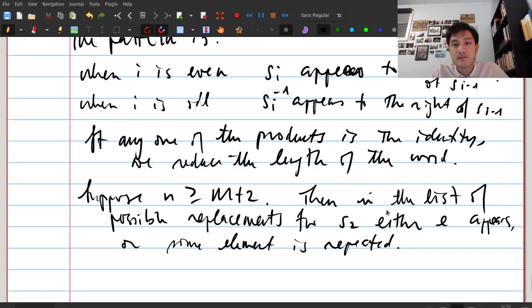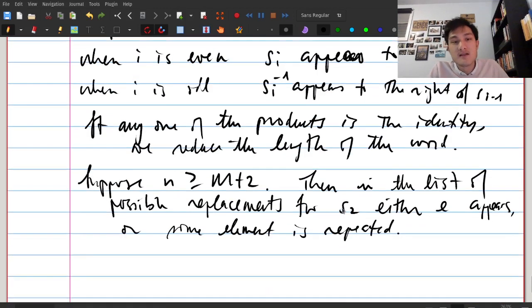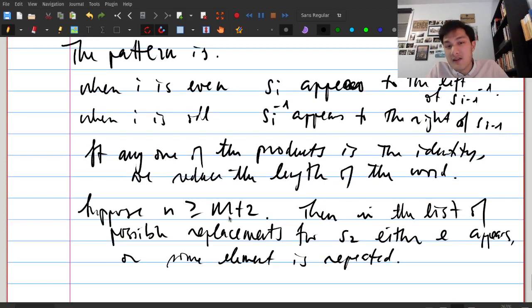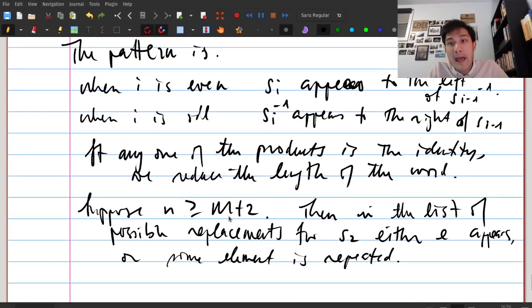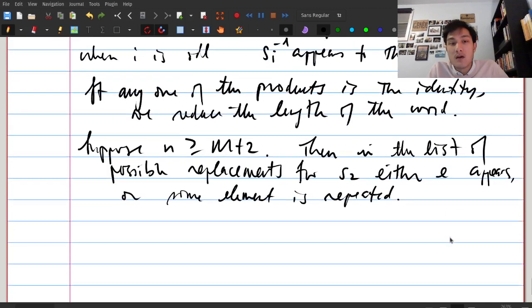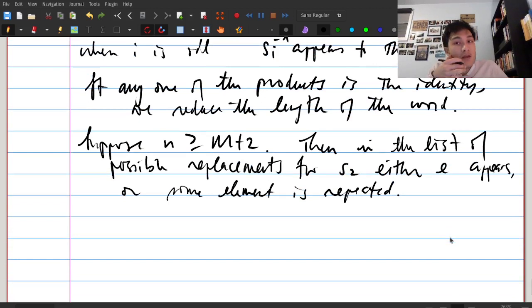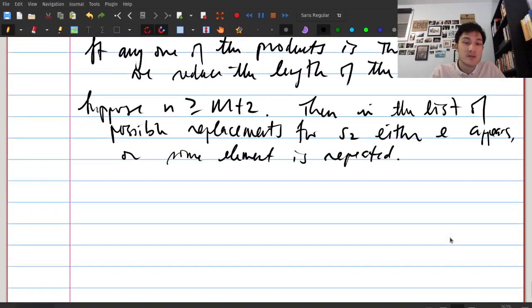What I'm trying to say is, if n is greater than m plus 2, there are m different replacements for S2. So if E appears, we're done. We reduce the length of the word. If not, then we have two possible replacements that are actually equal to each other.